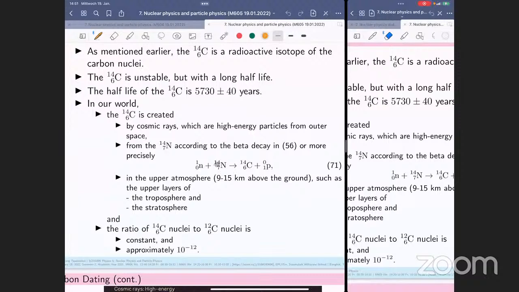We have nitrogen-14 in our atmosphere, and once we have a high energy neutron from somewhere else, from another star, moving toward us at the atmosphere, the high energy neutron will hit the nucleus of the nitrogen-14, and after that a proton is removed from the nitrogen.